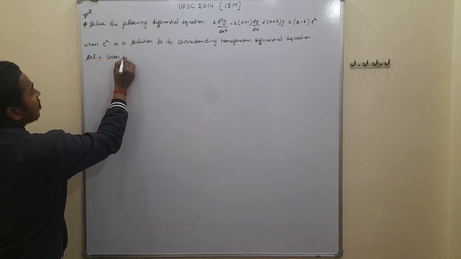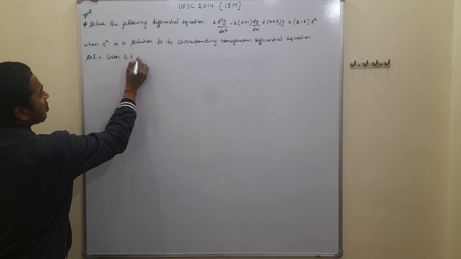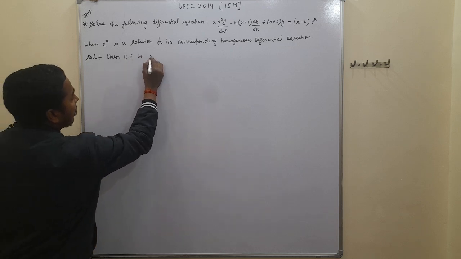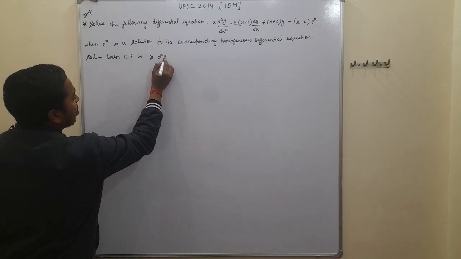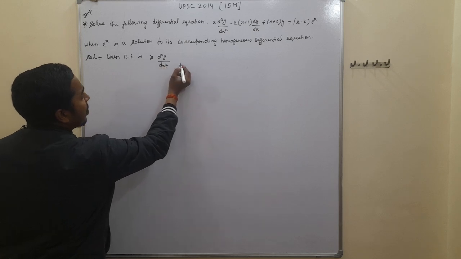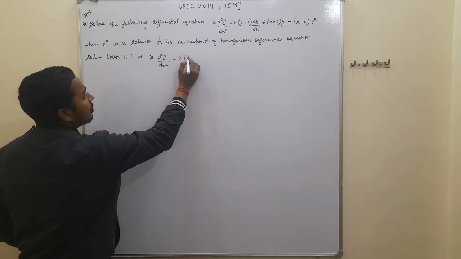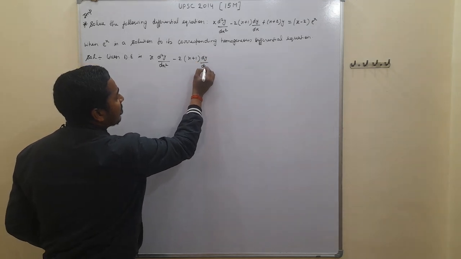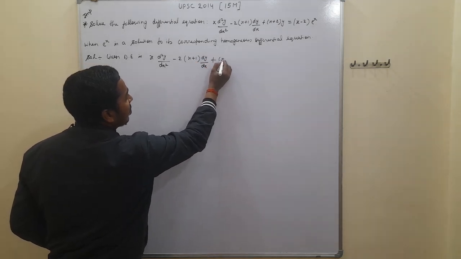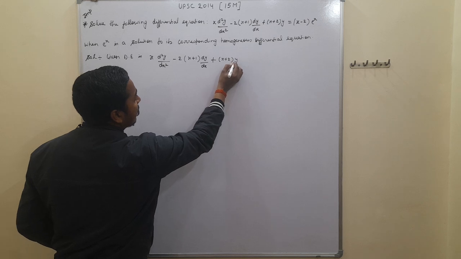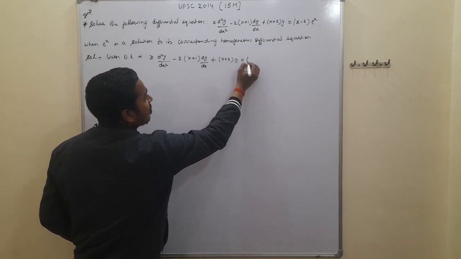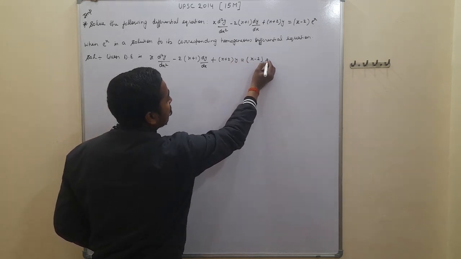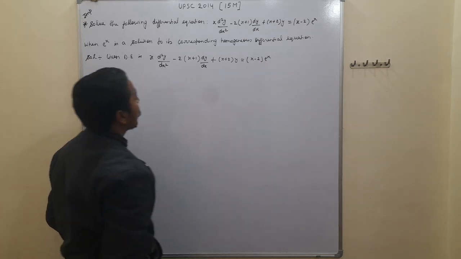The given differential equation is x into d2y upon dx2 minus of 2 into x plus of 1 into dy upon dx plus of x plus of 2 into y is equal to x minus of 2 into e to the power x.